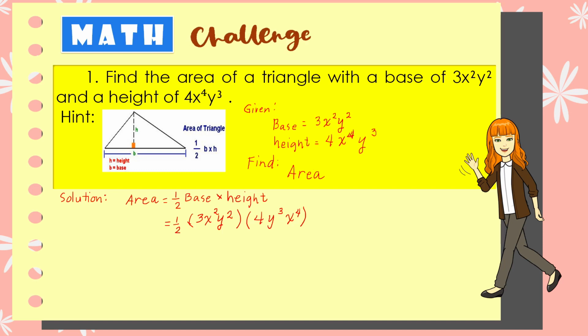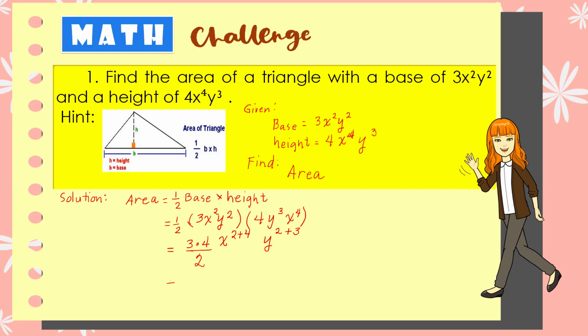So multiply the numerical coefficient, 3 times 4, and then for x, by the product rule, 2 plus 4, and then for y, the exponent of 2 plus 3, divided by 2.